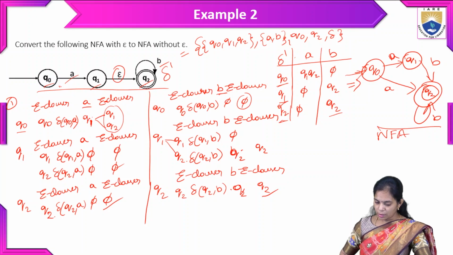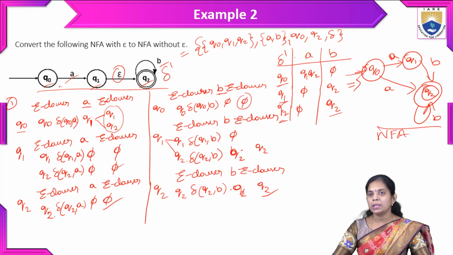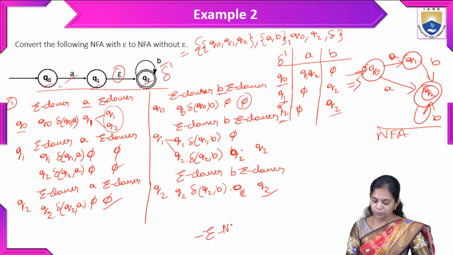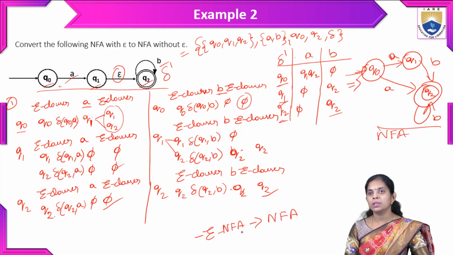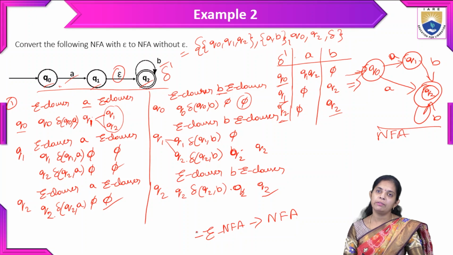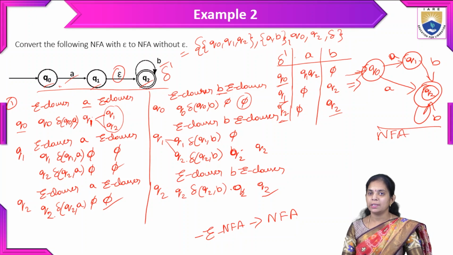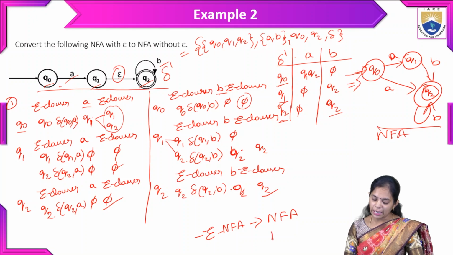And we just discussed the epsilon NFA to NFA conversion. Now the question comes: the given input is an epsilon NFA, and we need to convert it to a DFA, deterministic finite automata.